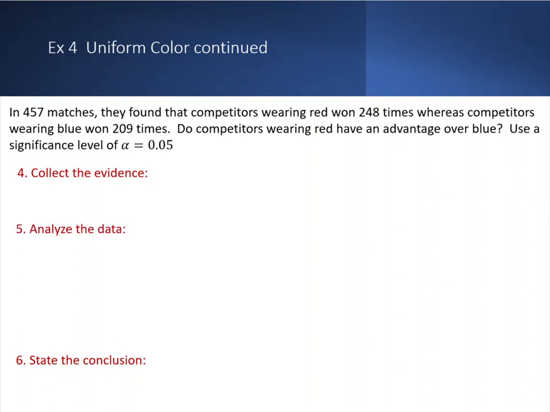So we would see that the number of successes X of winners out of 457 trials resulted in the proportion of winners from this sample at 54%. So that was the sample that they saw, that 54% of the competitors that won were wearing red. This is why they're kind of thinking that maybe red uniforms are advantageous.